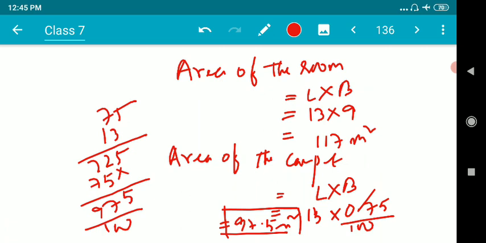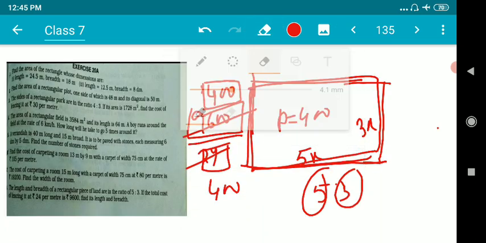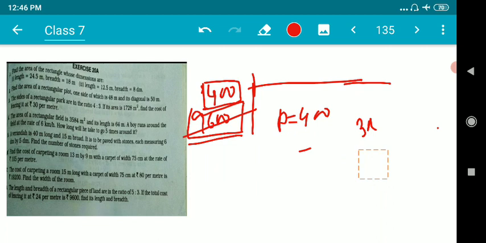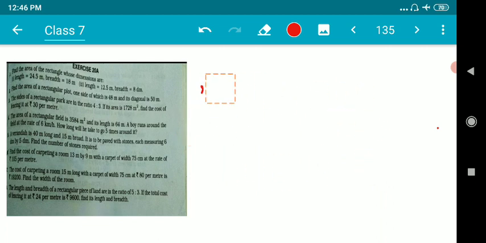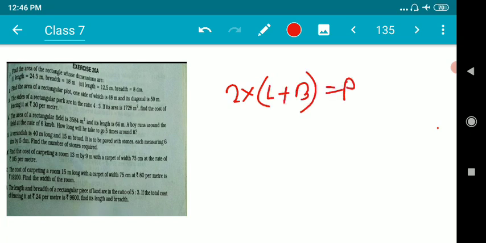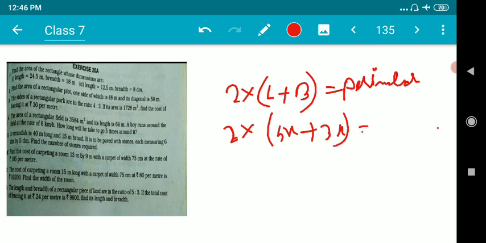Now simply by applying the formula, 2 into length plus breadth is equal to the perimeter of a rectangle. So 2 into length plus breadth: length is 5x, breadth is 3x, and perimeter I got 400.